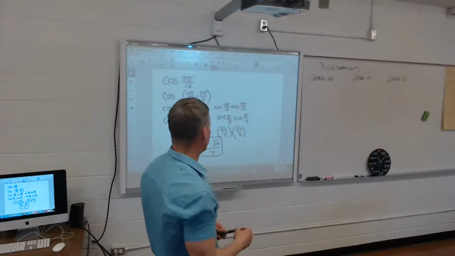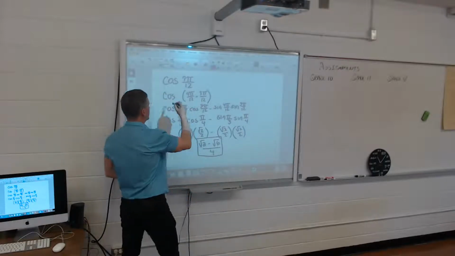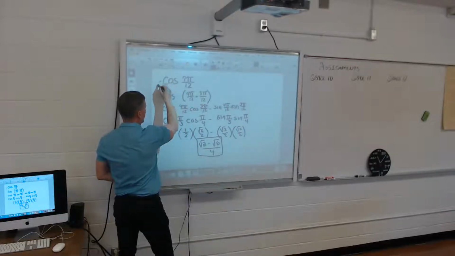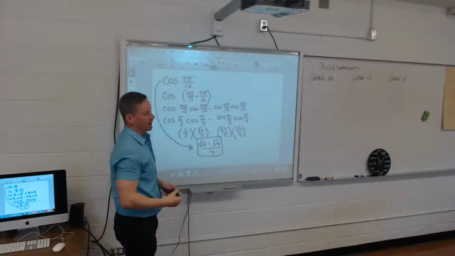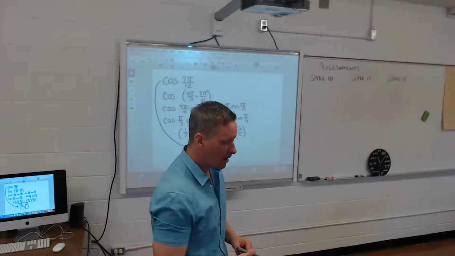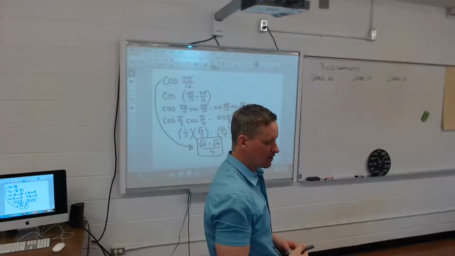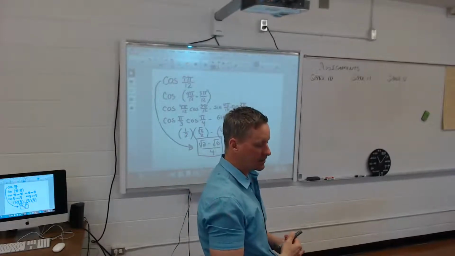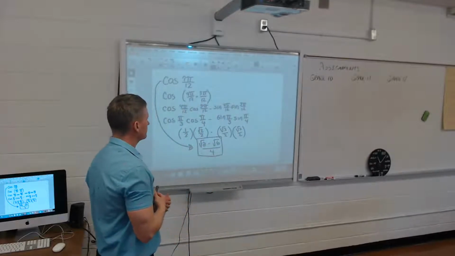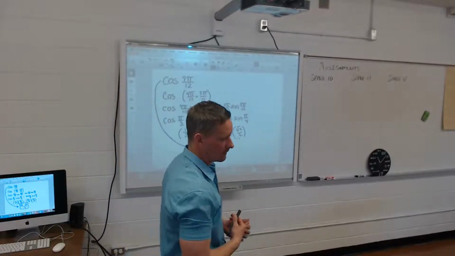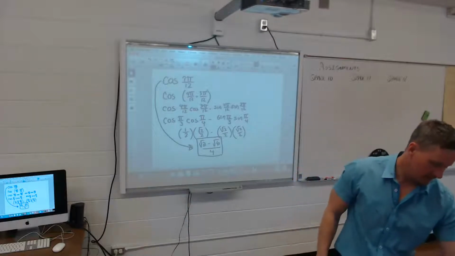And this is why we use identities. We use identities to get the exact value of an angle not located directly on the unit circle. Okay.